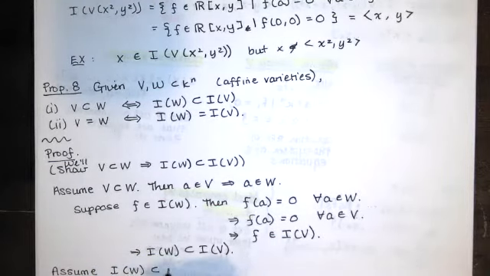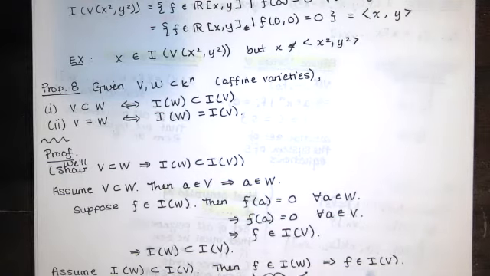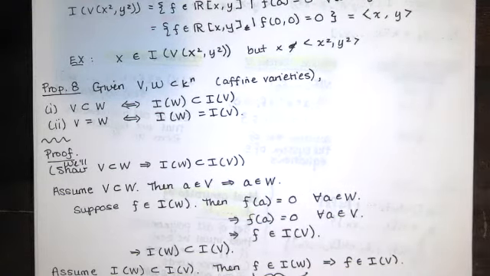This is saying that f of a is equal to 0 for all points in W. And then this is saying that f of a must be 0 for all points in V. Now, to show that V must be a subset of W, let's assume that W is generated by g sub 1 through g sub t.